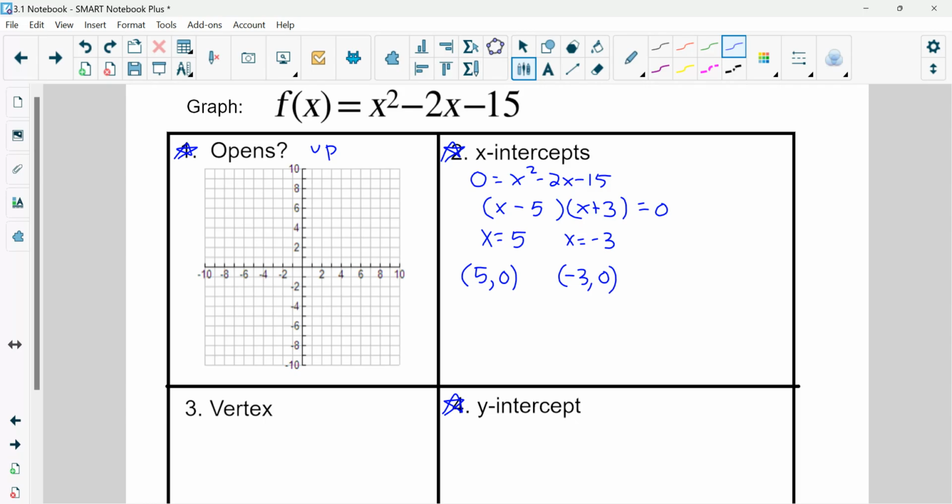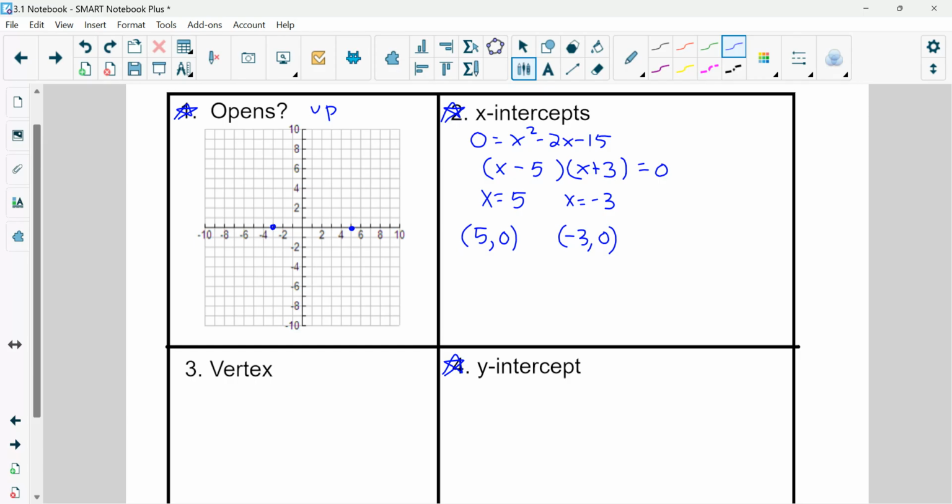If you have not done so already, take a moment and make an xy axis, and we'll plot those points on there. And then the y-intercept, if you did that one already, again, that's just putting 0 in for the x's. So that gives us (0, -15).